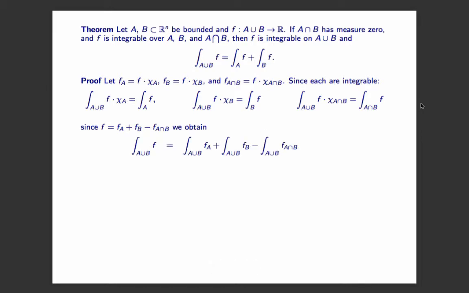From that we would obtain that the integral of f over the union is equal to the integral of fA plus fB minus f over the intersection, all evaluated over the union. Right, just using the arithmetic of integration that we just got through developing.